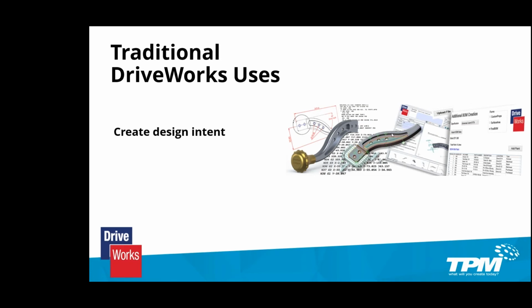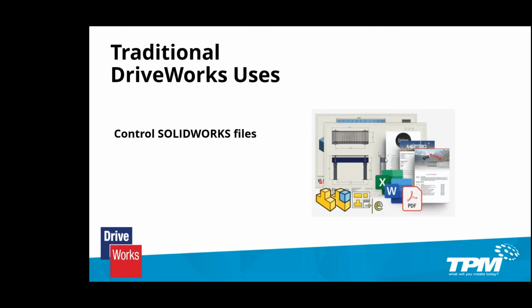For that configurable product, it's capturing all the essence of the product, cataloging company policies, design criteria, and know-how. So it's creating that design intent, connecting it to your CAD system, in this case SolidWorks, in order to produce all the SolidWorks files that are needed.